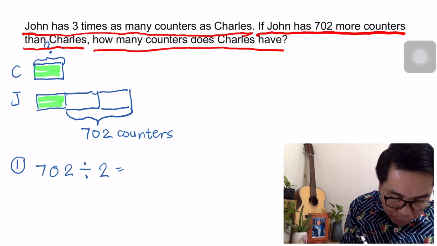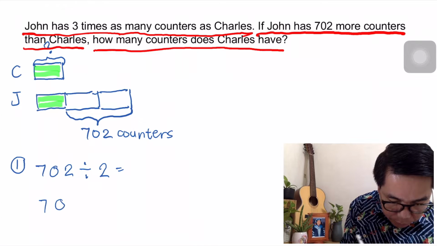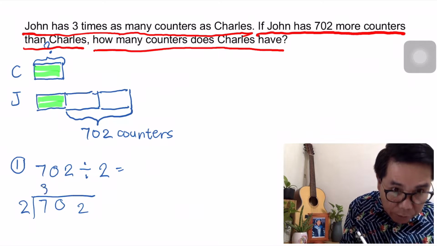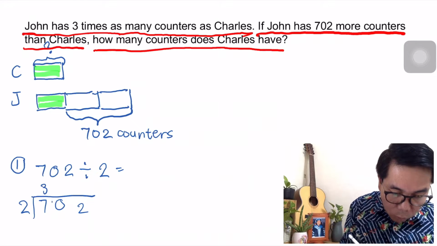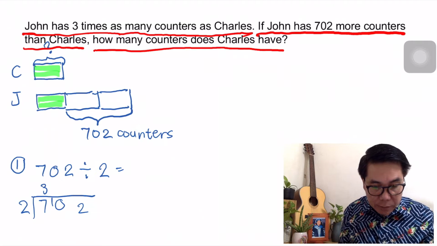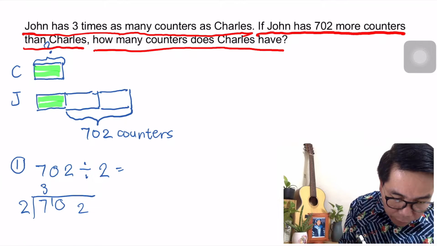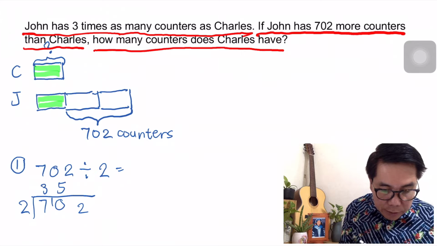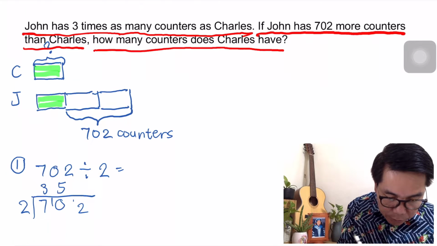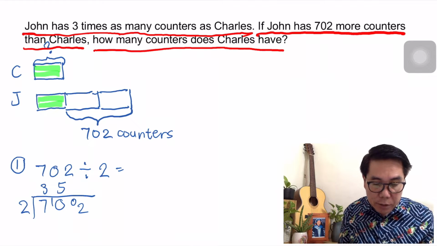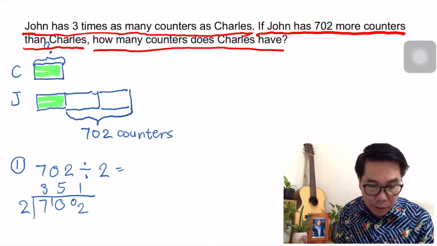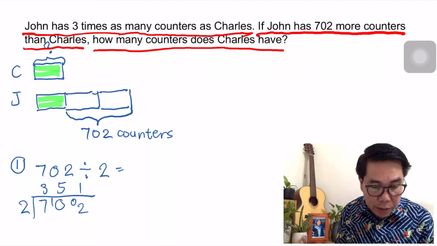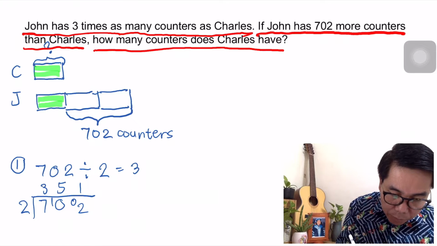So let's divide it here. 702 divided by 2. 7 divided by 2 is 3. 3 times 2 is 6. 7 minus 6 is 1. So we have 10. 10 divided by 2 is 5. 5 times 2 is 10. 10 minus 10 is 0. So there's no remainder. Now, 2 divided by 2 is 1. 1 times 2 is 2. 2 minus 2 is 0. So the answer is 351.